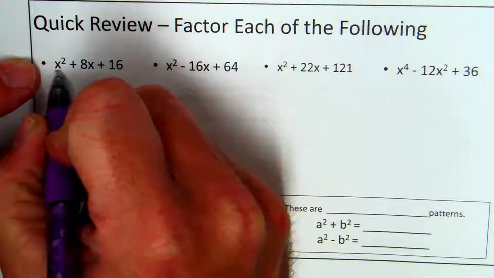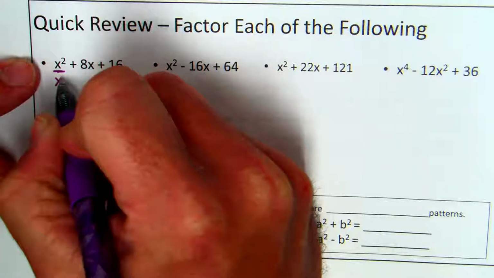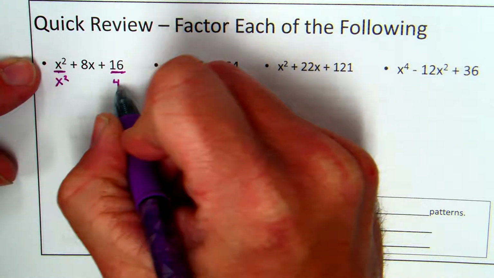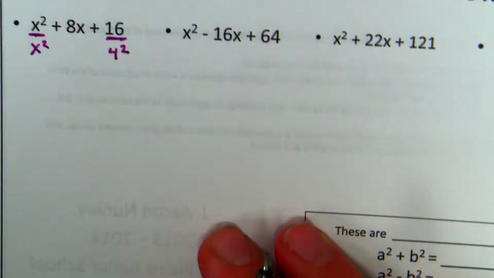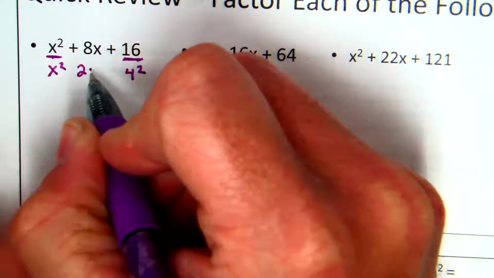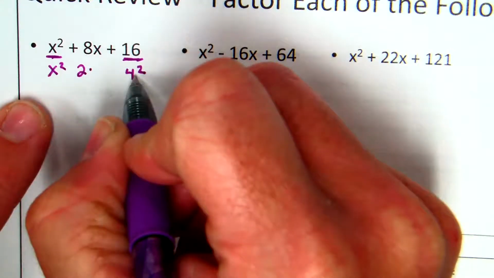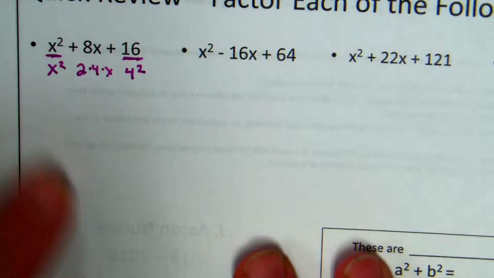Trinomial squares patterns are always the same in that they begin with a perfect square, something times itself. They end in a perfect square, something times itself. And then the middle term is always 2 times each of these roots. In this case, it's 2 times 4 times x.